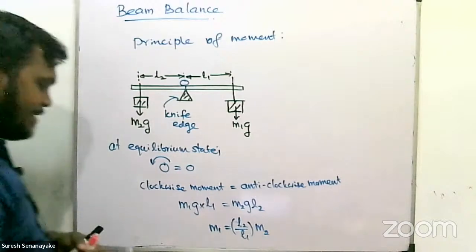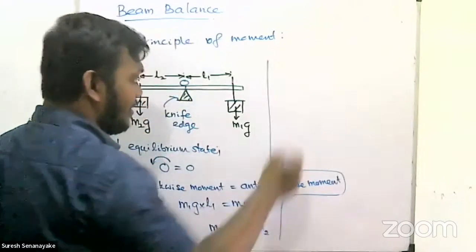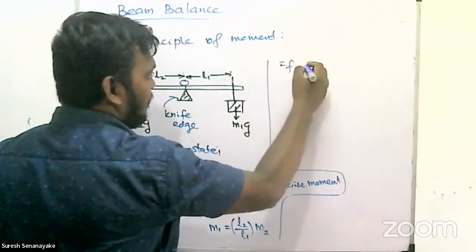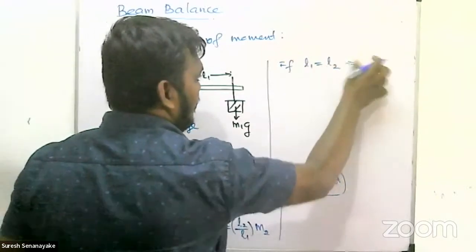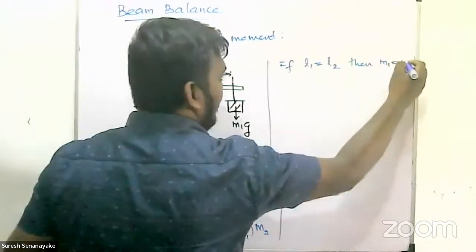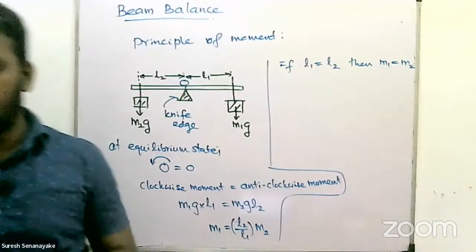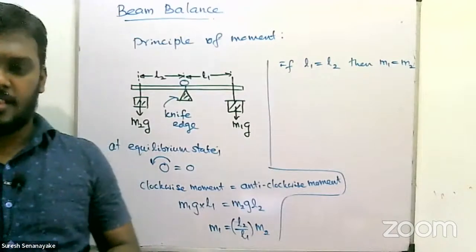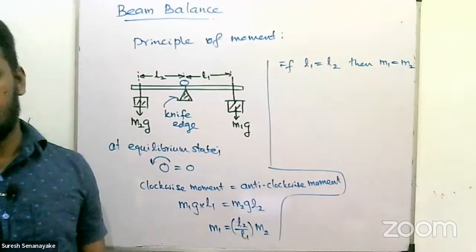Then method impress. If you select this L1 and L2 is equal, right? If L1 and L2 are equal, then you can say that M1 equals M2, right? That means if M2 is unknown and M1 is known, then you can say what is the mass that is equal to the known mass.